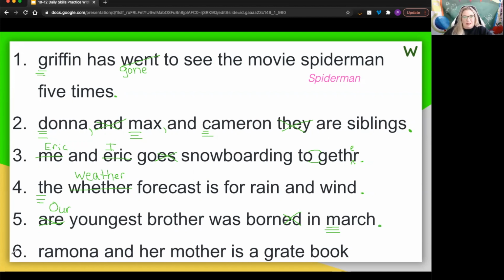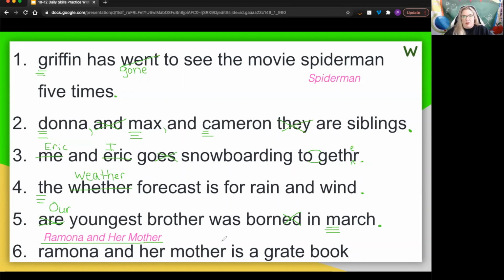All right, number 6. Ramona and Her Mother is a great book. All right, so we have the title of a book here. So I'm going to grab my italics and I'm going to capitalize Ramona and Her Mother. All that needs to be capitalized. Another way that we can show this is a book is to underline the title.